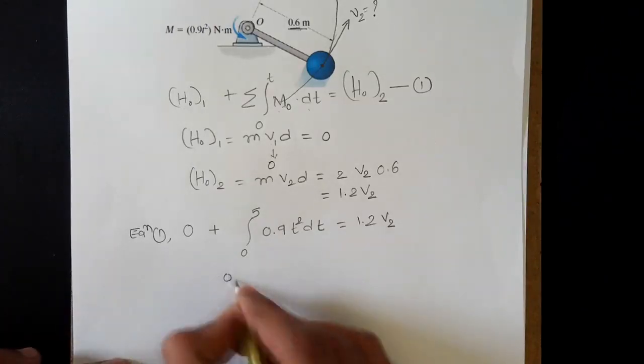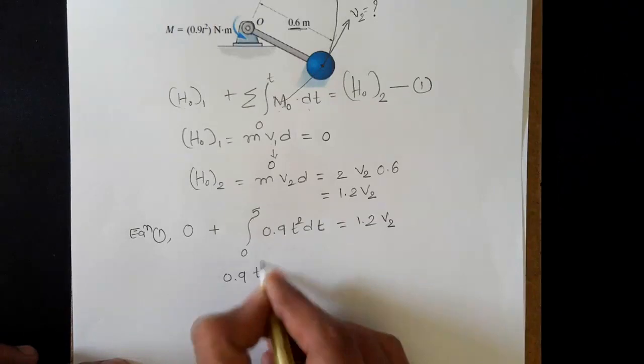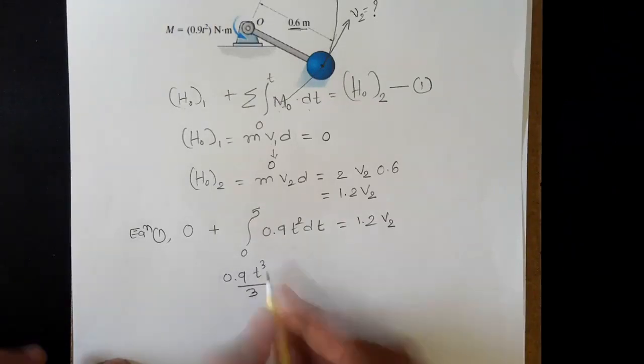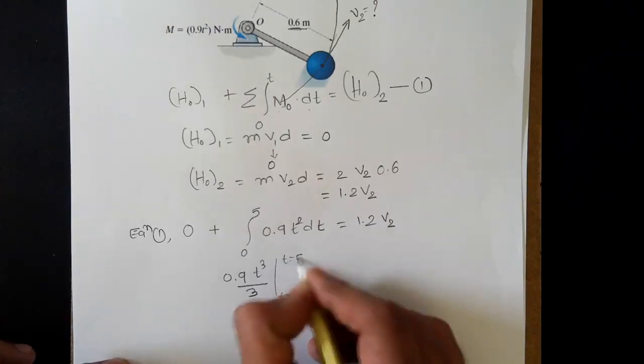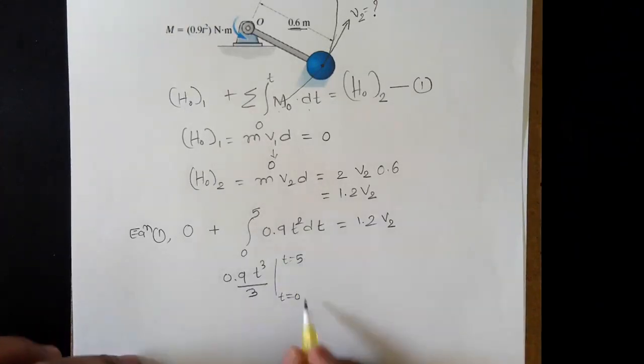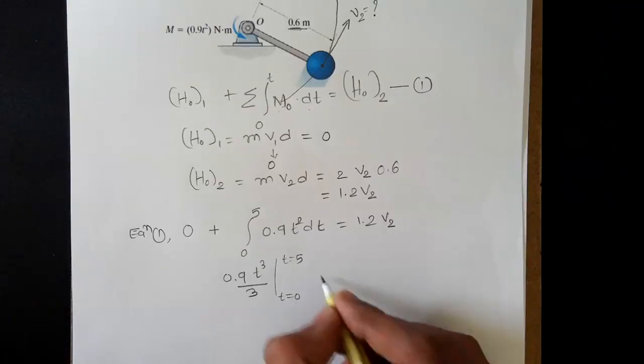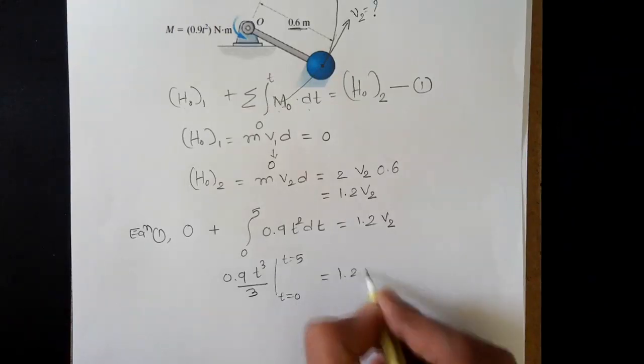The integration of 0.9 t squared is 0.9 t cubed over 3, and we need to substitute t equal to 5 as the final value minus t equal to 0 as the initial value, which is equal to 1.5 times v2.